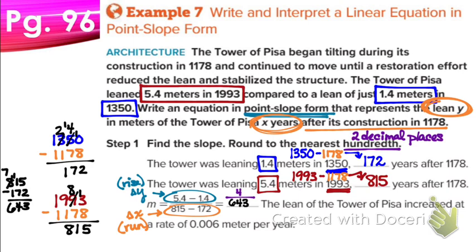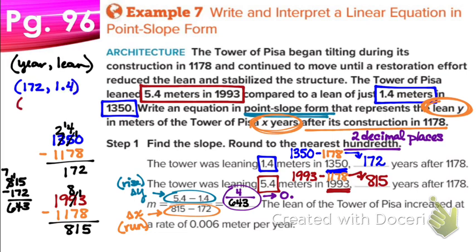Grab your calculators. 4 divided by 643. Tell me what this is as a decimal. You said 0 point what? 0.006.